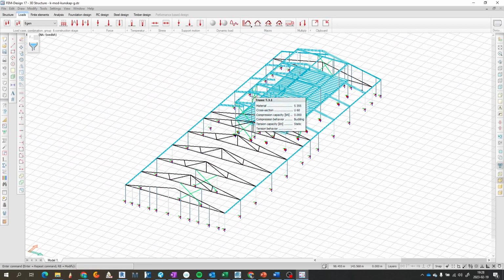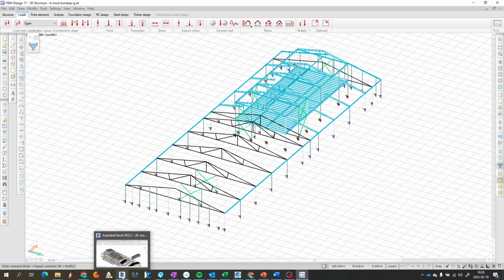So the next step after you have this model is to make an analysis of it, which will be a later workshop. And after that one comes the detail design.